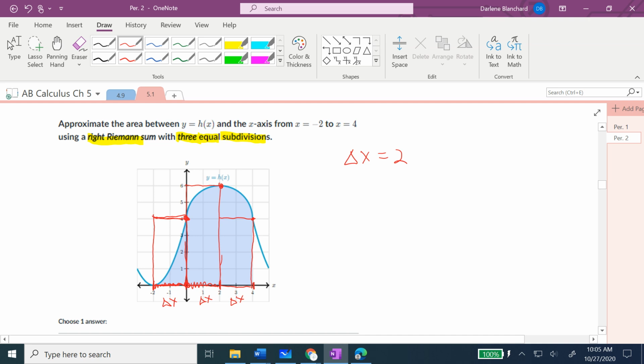So while you would never use this for your area approximating, let me explain to you why I'm not giving you the textbook's problems. The textbook problems will give you something like this and ask you to cut this up into 6 equal subdivisions or 8 equal subdivisions. And if you can imagine how tiresome that is, that's why these are horrible approximations.